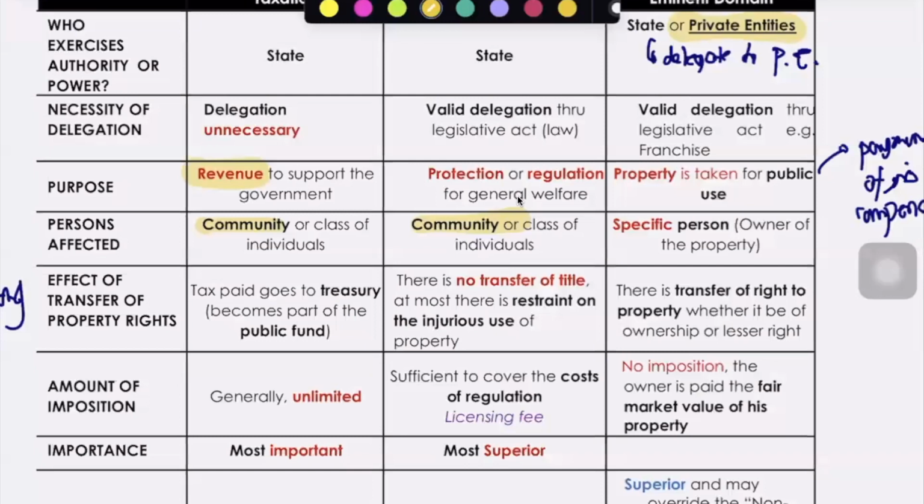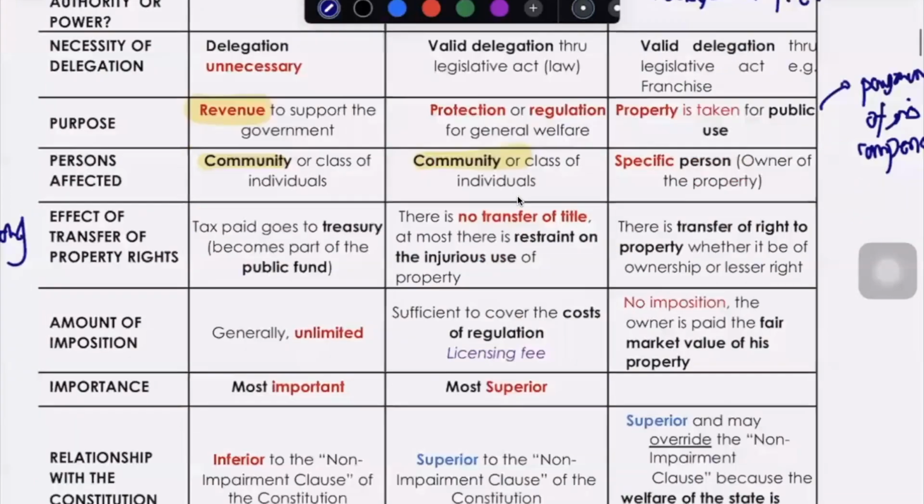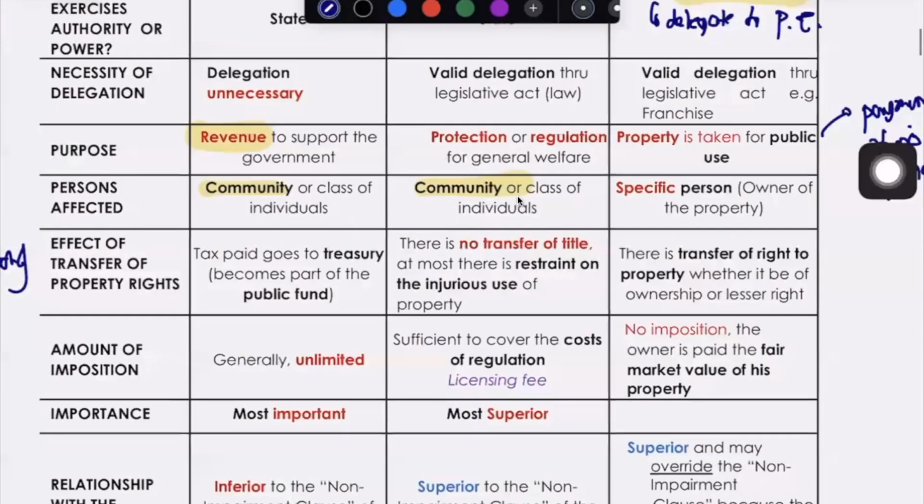While for eminent domain, there is a transfer of title. Why? Here, the property will be purchased by the government. Therefore, the property will transfer to the government.